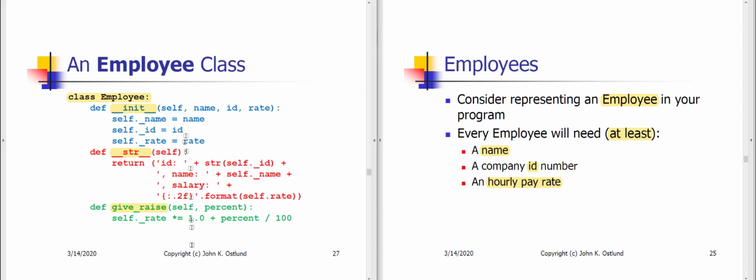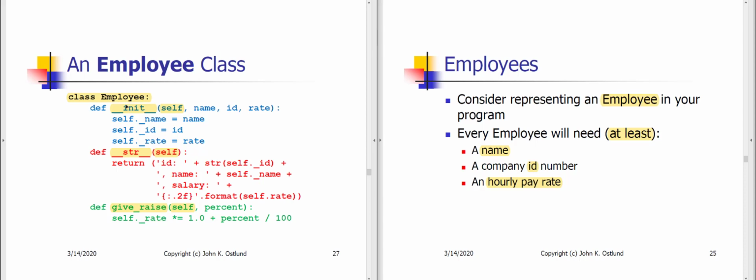All right, let's take a look at the internals of each of these methods. Each method is a function, so we use def to define the function. And notice that the first argument to each of these is self, self, self.